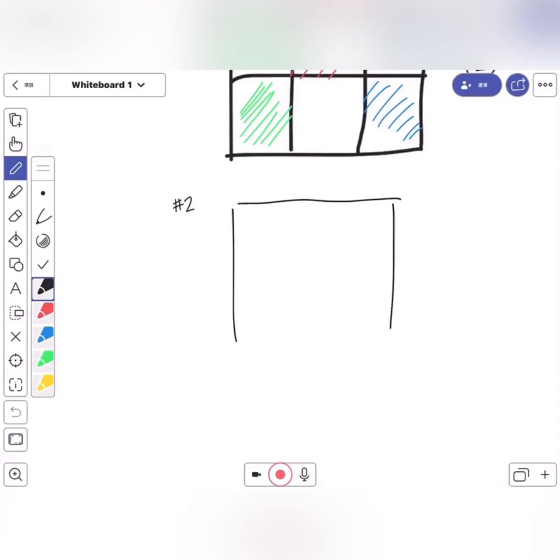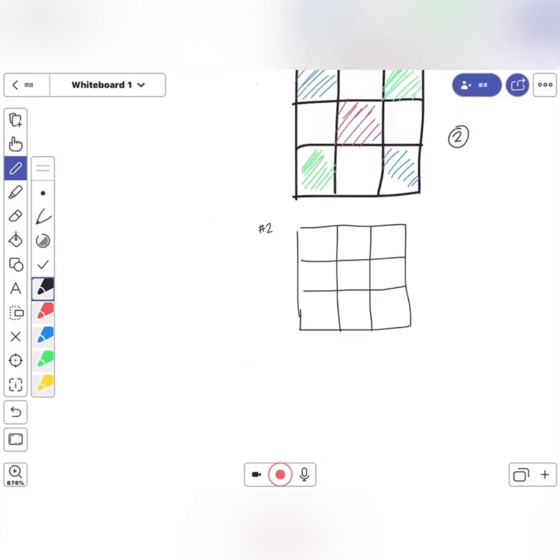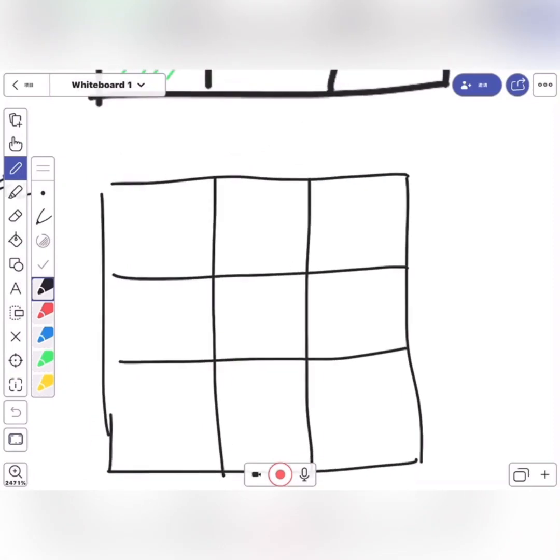So we have the square drawn. Now we know that the middle square cannot be shaded.